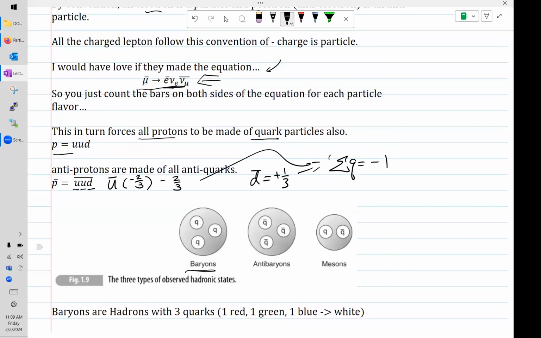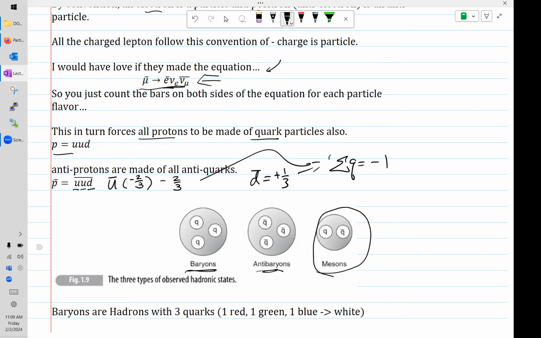So the stuff that has 3 quarks in it is called baryons. The stuff that has 3 anti-quarks in it is called antibaryons, or just anti-particles. It is possible to make a particle that actually has only 2 quarks in it, a quark and an anti-quark of itself.